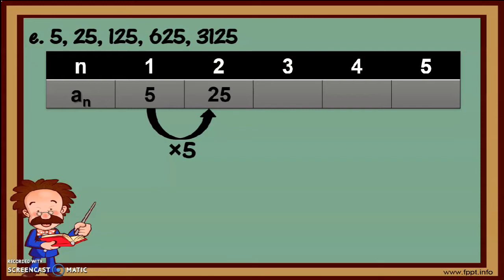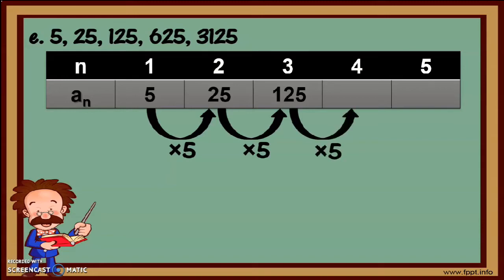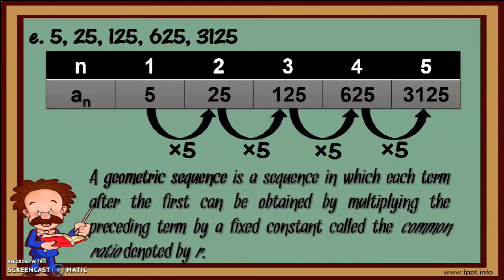Multiply again by 5, then the third term is 125. Multiply 125 by 5, we will get 625. Then multiply 625 by 5, the fifth term will be 3,125. And this sequence is an example of geometric sequence.